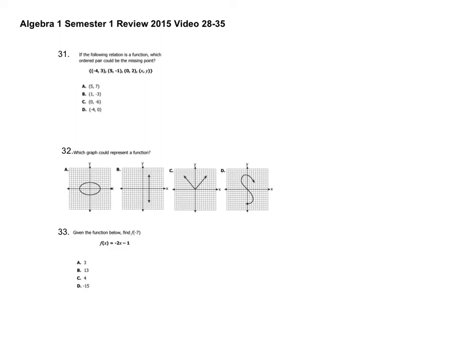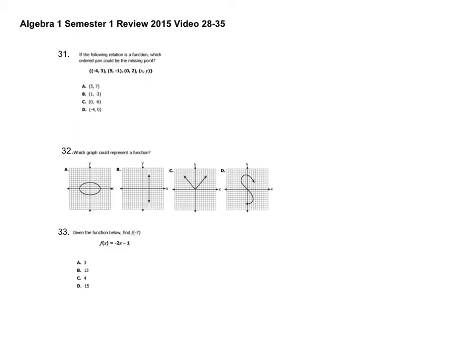31 says if the following relation is a function, which ordered pair could be the missing point? So they give us some points here, and they want to know which one could be the missing point. So we need to make sure if we use that point that we don't duplicate an x value. So if I use the point 5, 7, would the 5 be used twice?